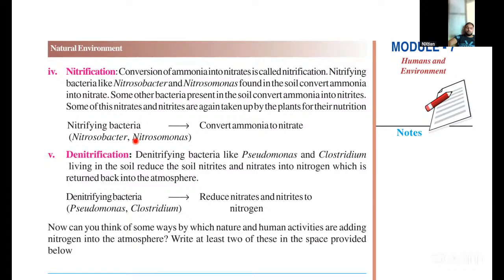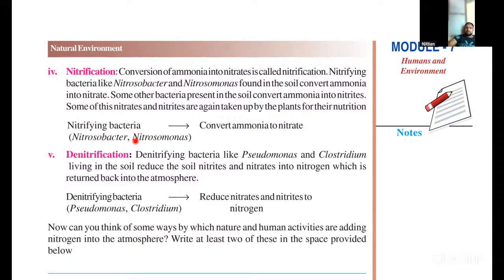So that ammonia is useful, but as I told you, plants always absorb NO2 or NO3, which are nitrites or nitrates. So ammonia is formed from urea, excreta, or dead animals and plants by ammonification.